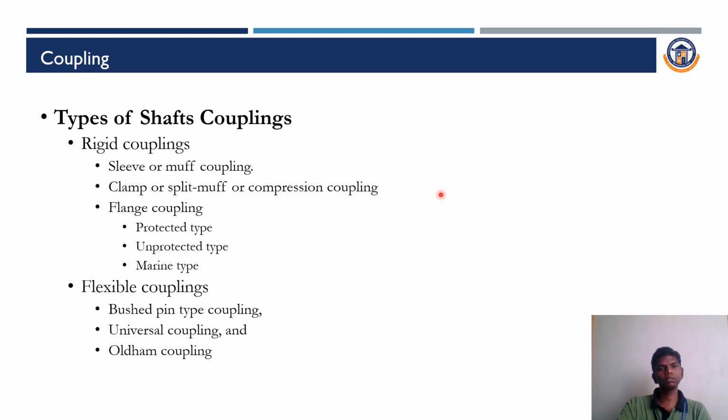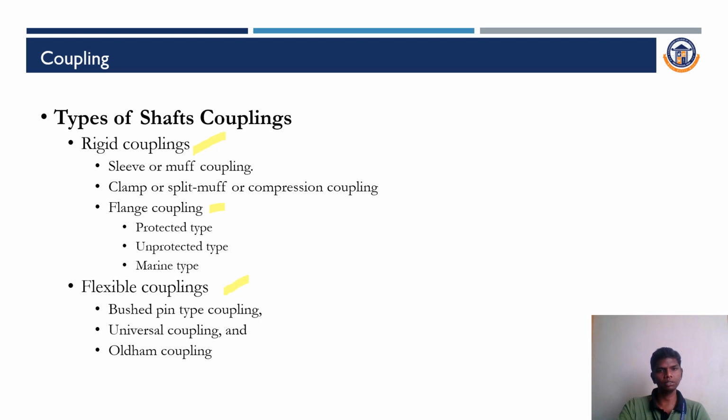These are the types of coupling. The first one is the rigid coupling, and the second one is the flexible coupling. In rigid couplings, many types are available. The first type is split, clamp, and flange coupling. Flange coupling is one of the most used in manufacturing industries.